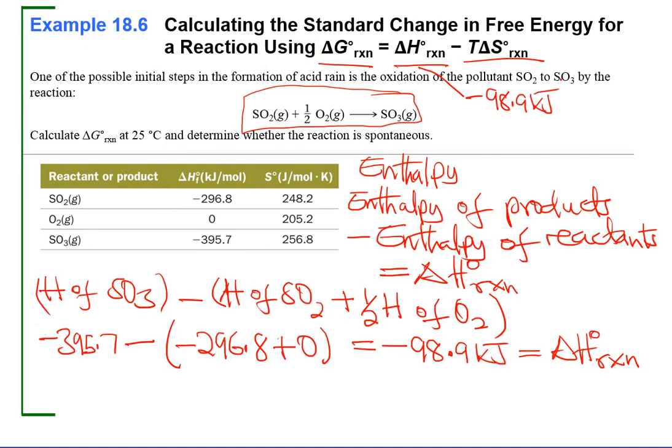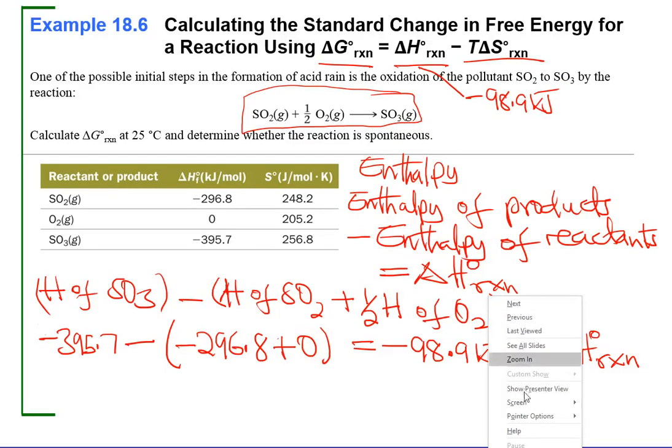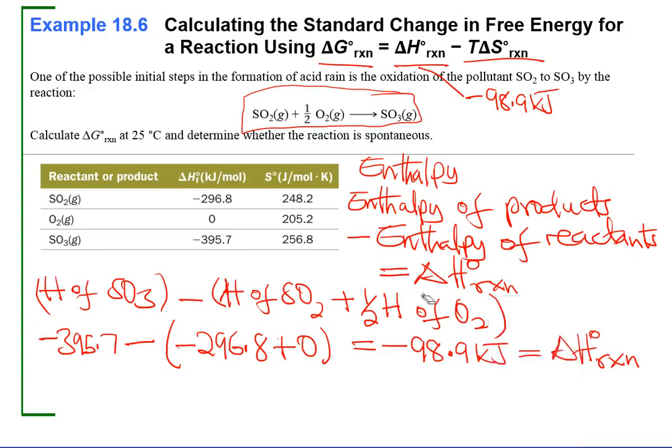Once we do that, we'll go again to determine the entropy, the change in entropy. So I'm going to get rid of this part. So this is a two-step process.